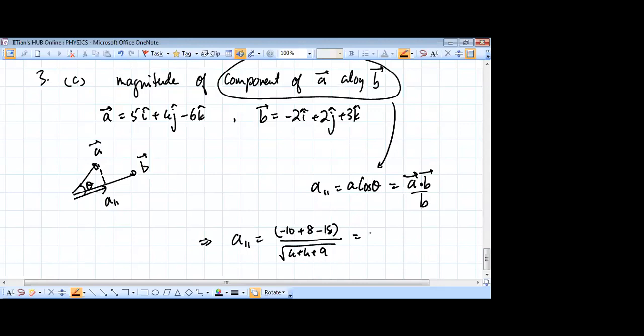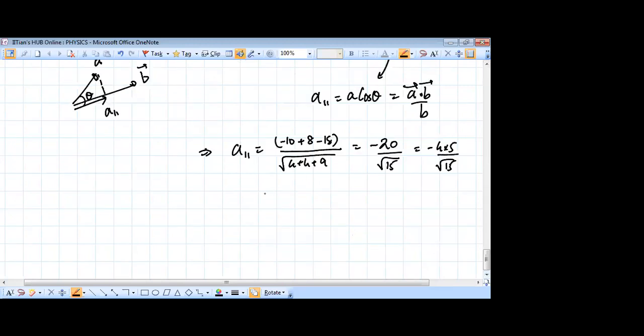Minus 10 plus 8 minus 18, so that's minus 20 divided by the root of 17.